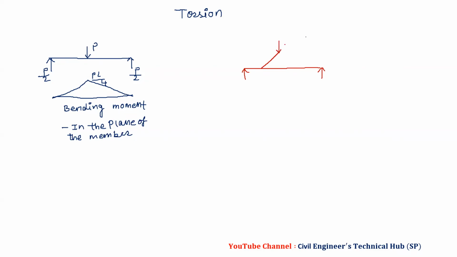So we have load P and this length is L, or we will say A. Whatever moment is developed, that moment is known as torsional moment. So torsional moment is perpendicular to the plane of the member.